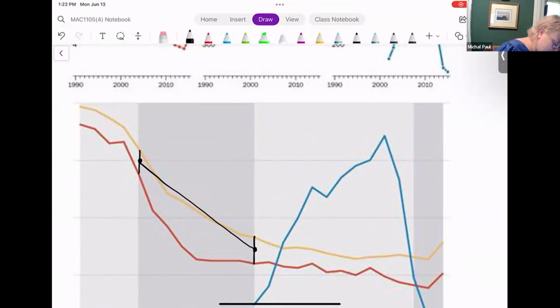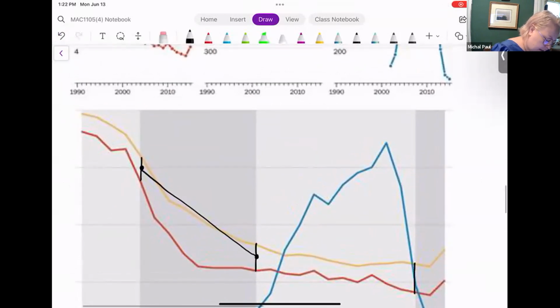And if I look at the midpoint between these lines, at the beginning and end of Mayor Bloomberg's tenure, we have another slope.